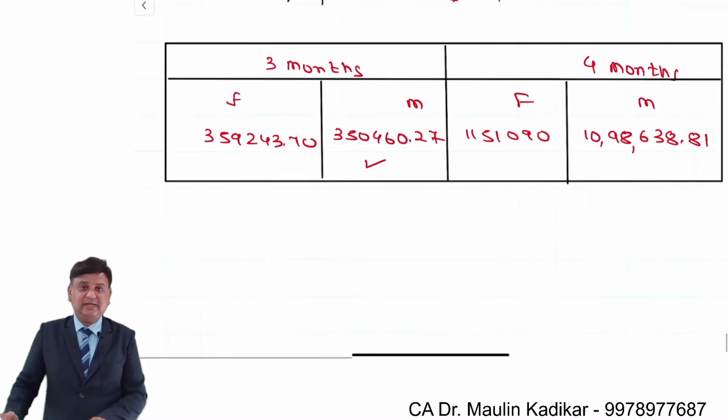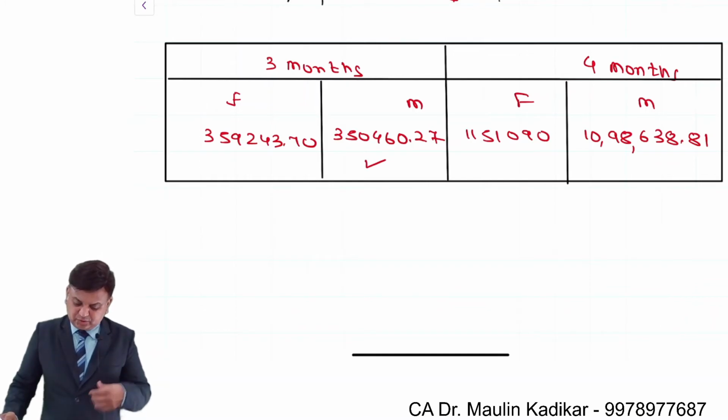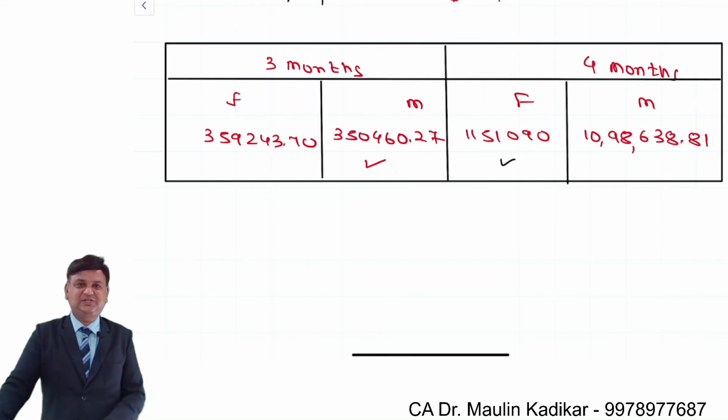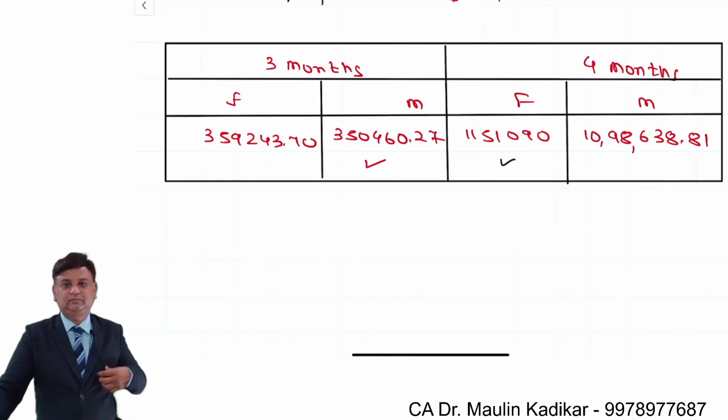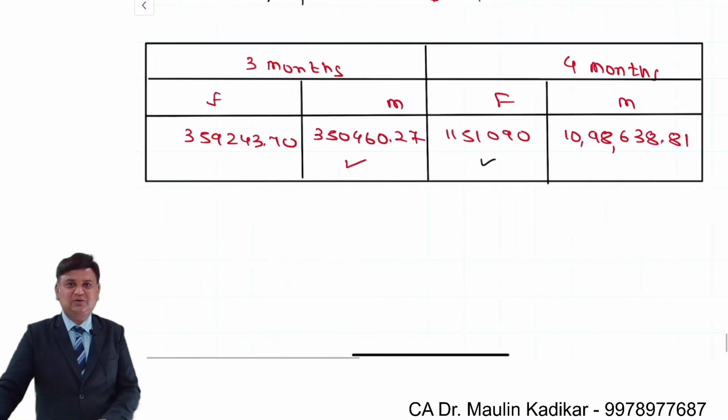That is the money market hedge. And at the end of 4 months, we are going to receive, so in terms of receipt we would like the higher amount. That is forward market hedge. This is the way we are required to take the decision.